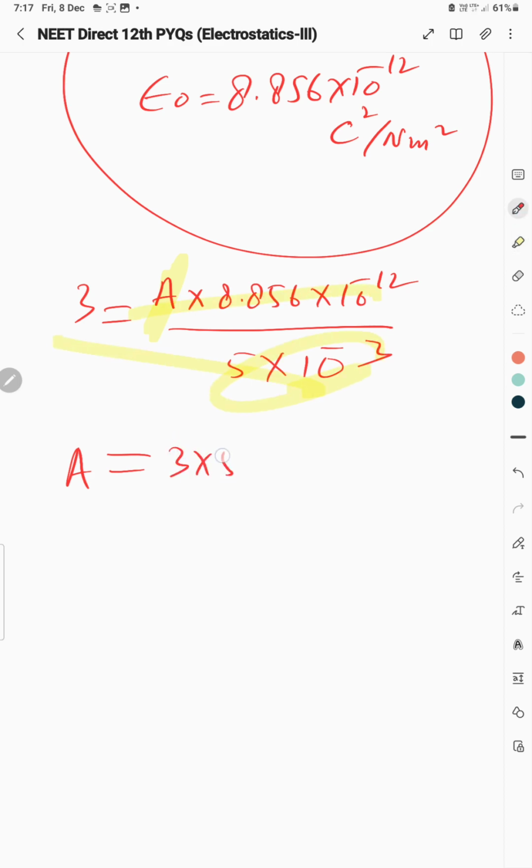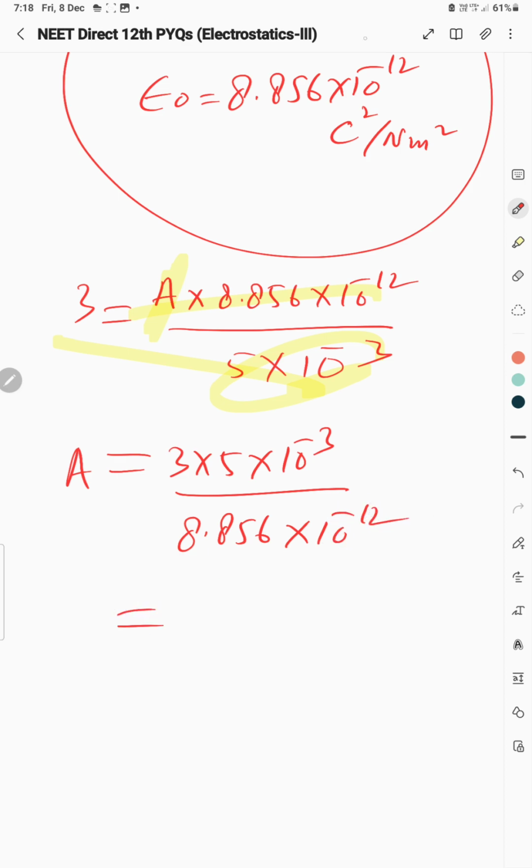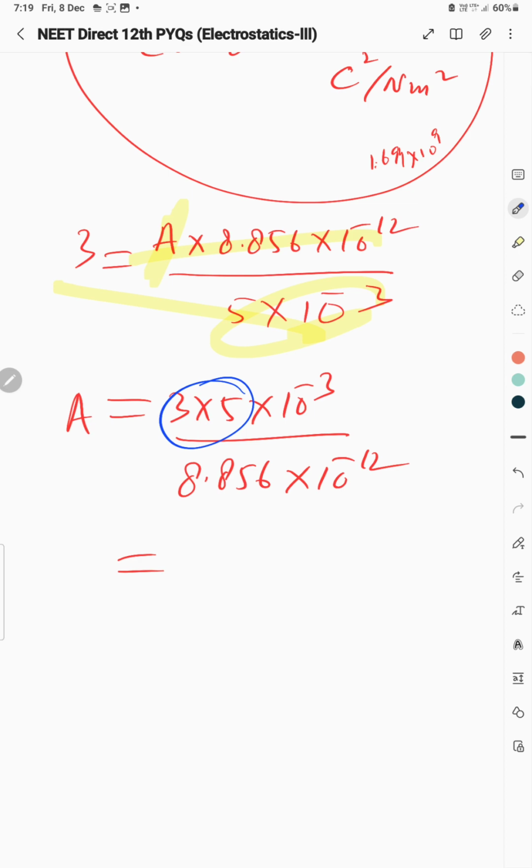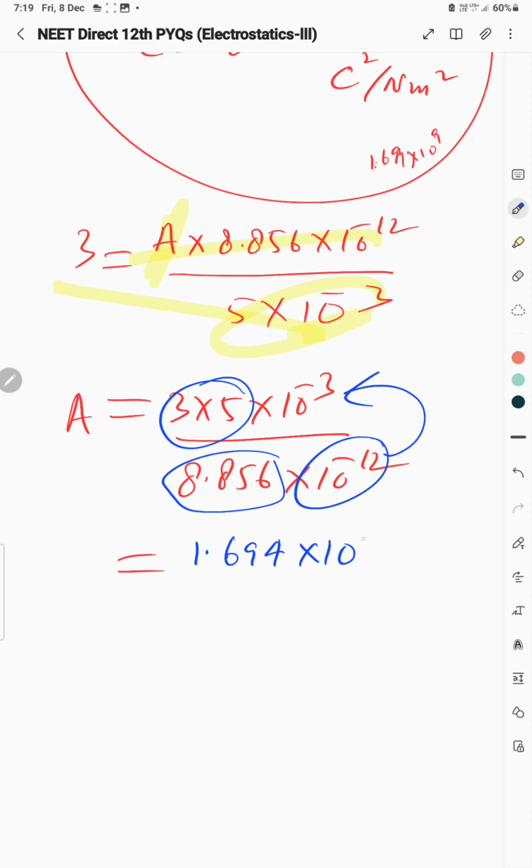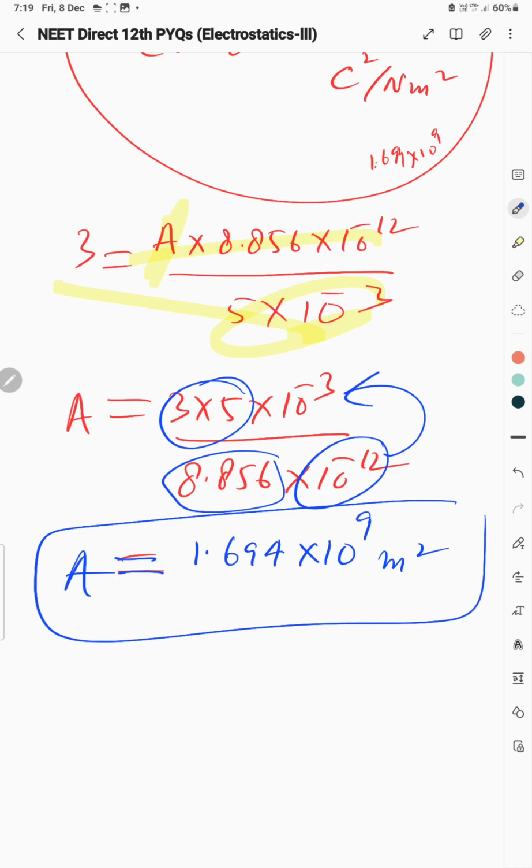It is 3 into 5 into 10 power minus 3 divided by 8.856 into 10 power minus 12. Let's simplify it first. Okay, on simplification, this is now 15 divided by 8.856. On further simplification, we get 1.694 into 10 power 9 meter square. So this is the area of each plate.